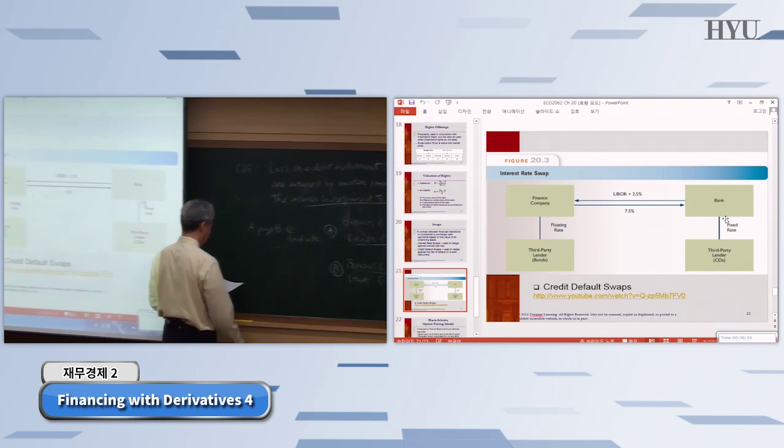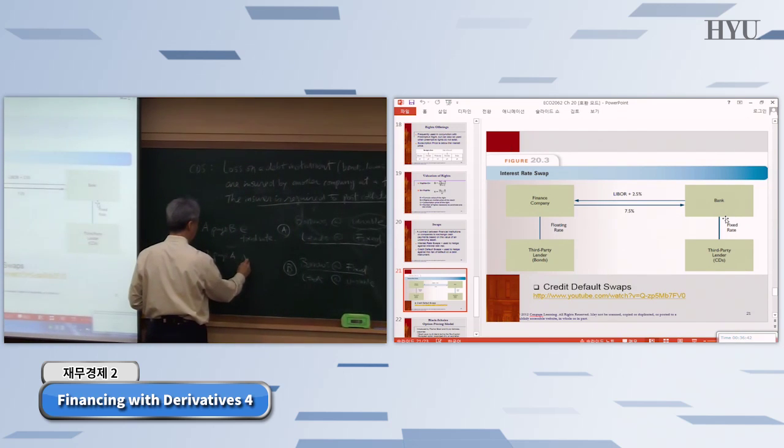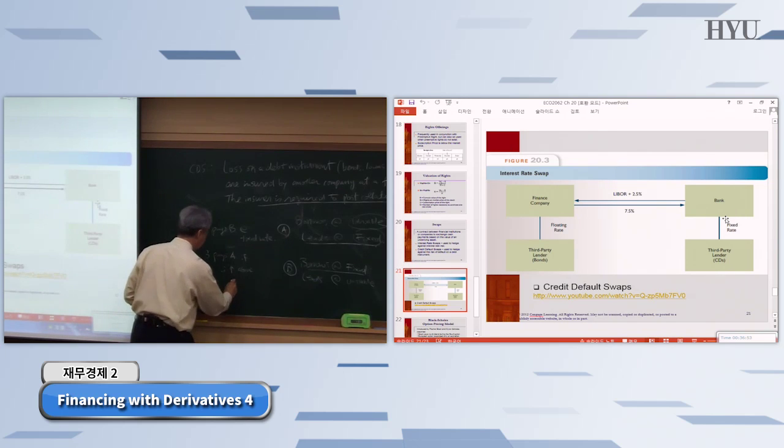Okay. And B pays A if interest rate rises above a certain rate. Okay?